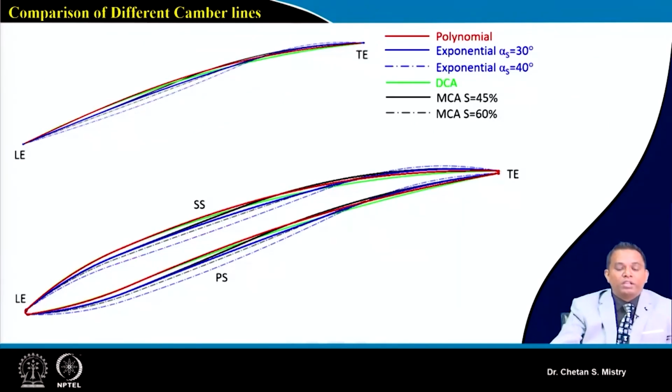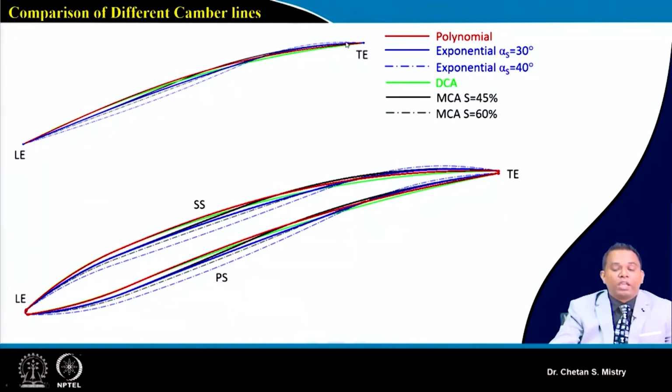Now in this case, this is a representation of different camber lines. This red one is representing my polynomial camber line with all the inputs we have discussed. We will be having the exponential. Here for the exponential, when we have our alpha s, that is the inflection angle, at 30 degree and 40 degree, we have a clear variation. That is happening in the upstream condition.